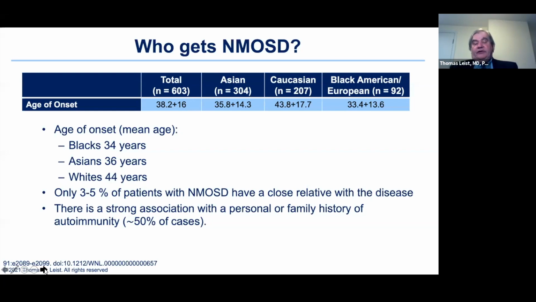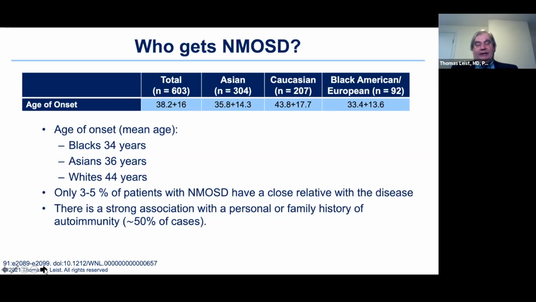The other thing that is different from MS, for example, is that in MS, about 1 in 5 patients with multiple sclerosis has a family member that has MS. In neuromyelitis optica, this is only about 3 to 5%. So only about 1 in 30 to perhaps 1 in 20 has a family member with NMOSD.